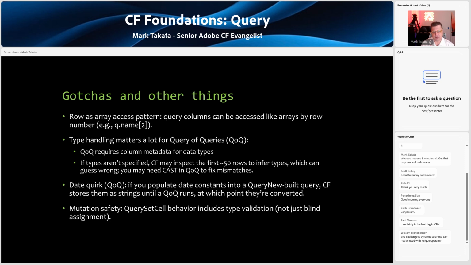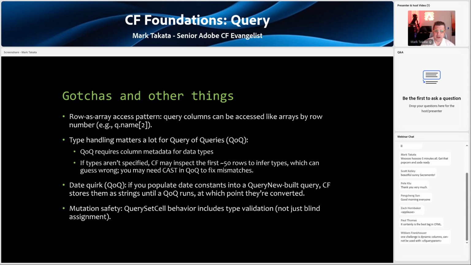Type handling matters for queries of queries. Q of Qs require column metadata for data types. Most of us don't know that because we are almost always dealing with queries that have come from CF query and CF query execute, and those automagically provide those for us. So we've never really run into that problem.